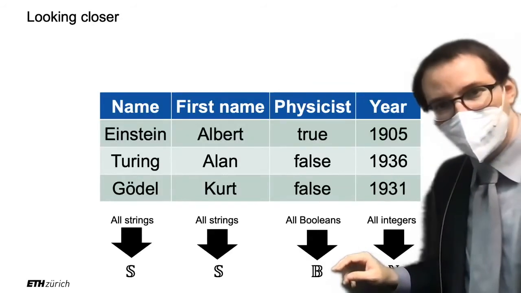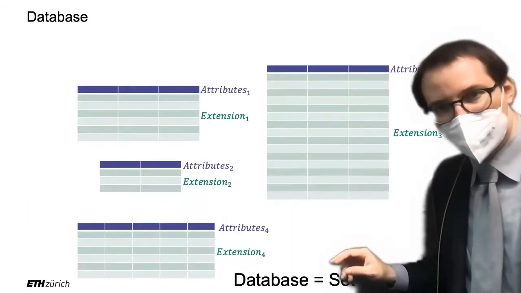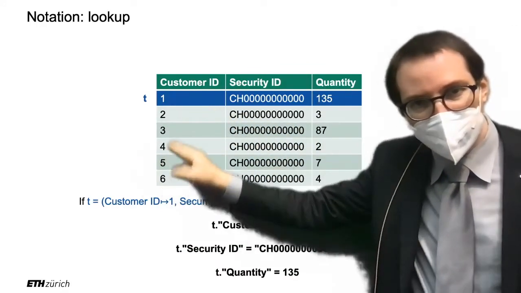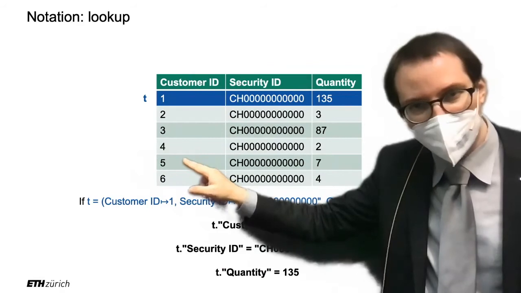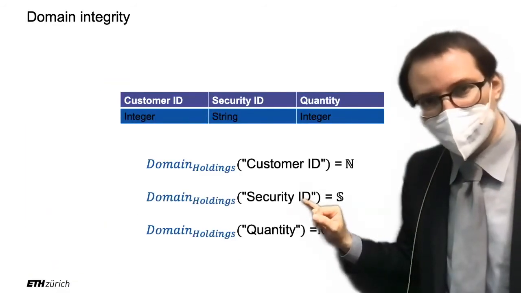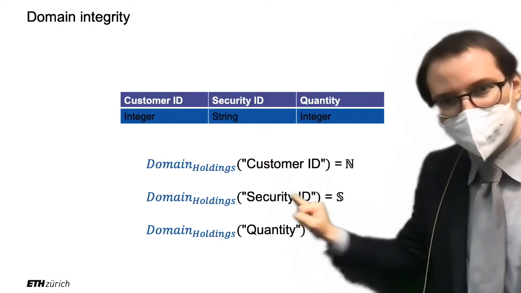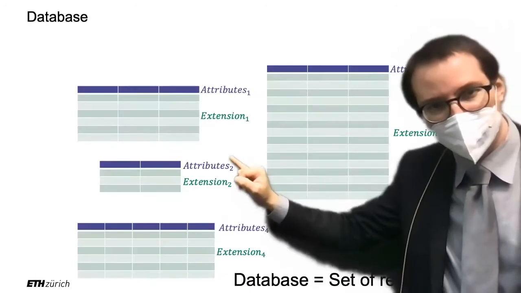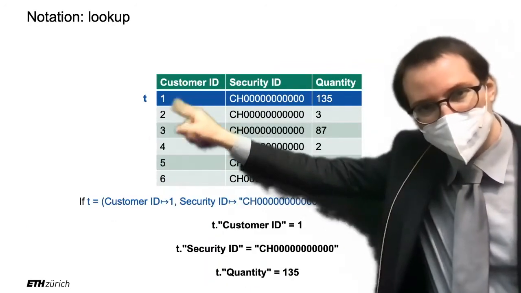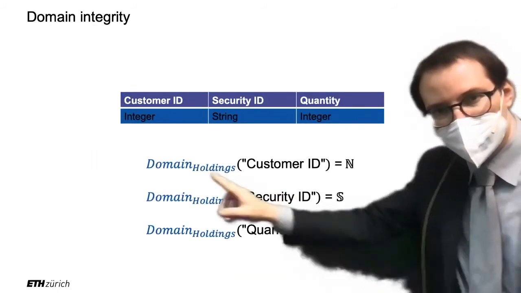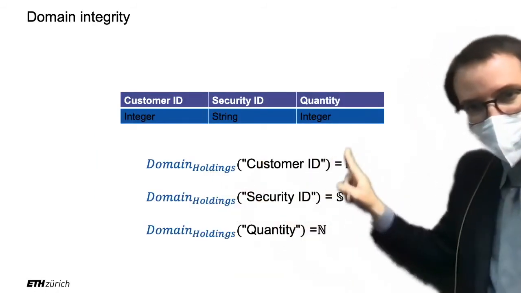For example, here, if this is an integer, is T point customer ID, which is 5, an integer? T.customer ID must be an integer.